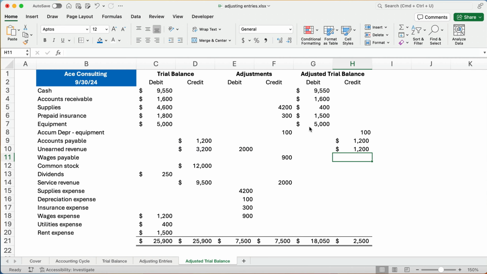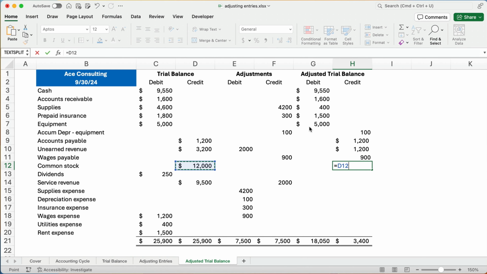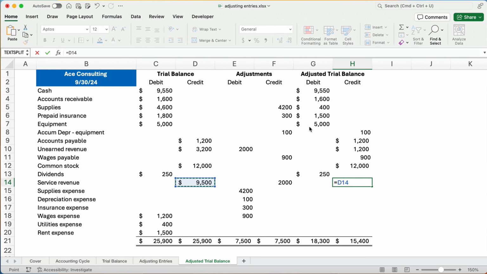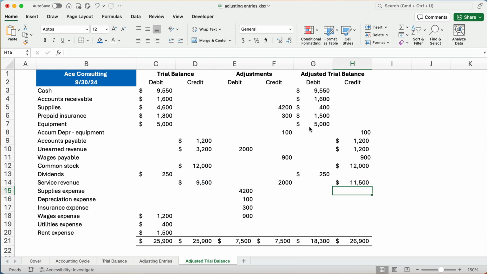You see why we use debits and credits here? The pluses and minus. So the wages payable is going to be $900. The common stock is still going to be $12,000. The dividends are still going to be a debit balance of $250. Our service revenue is going to be the $9,500 plus another credit, $2,000, so $11,500. Okay, supplies expense is going to be the $4,200.